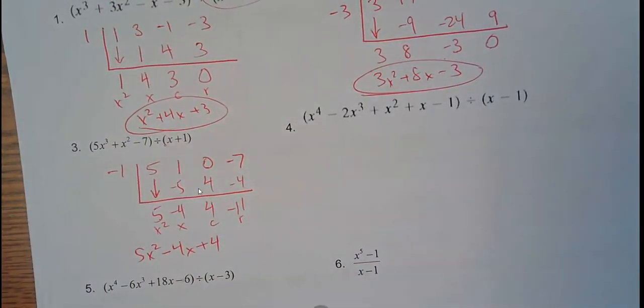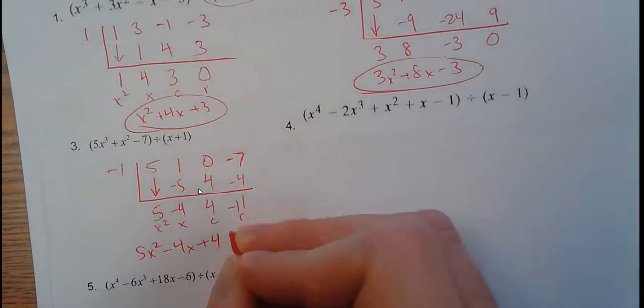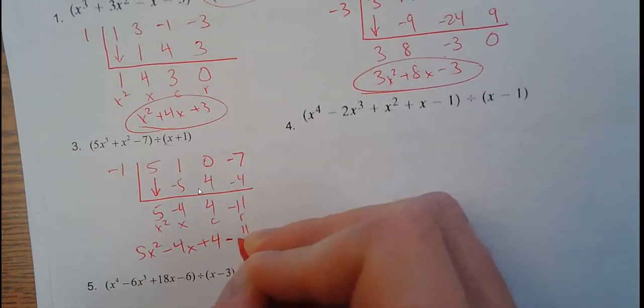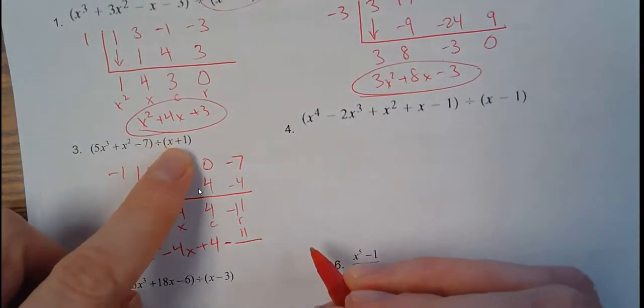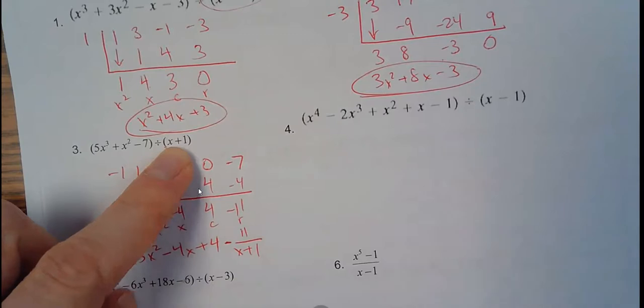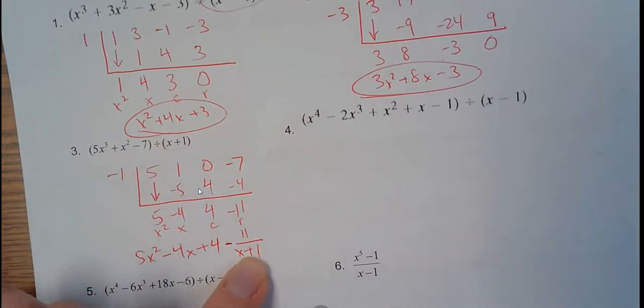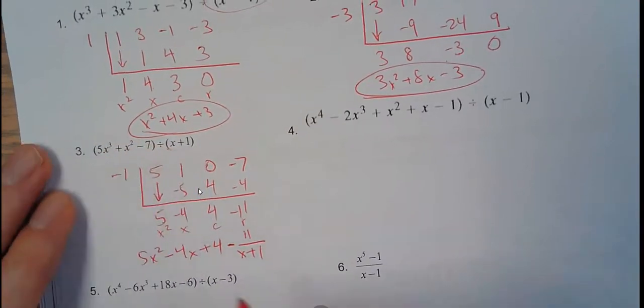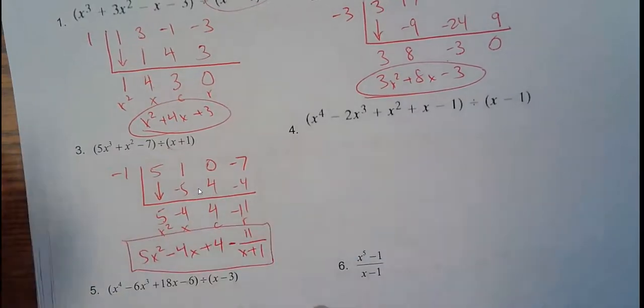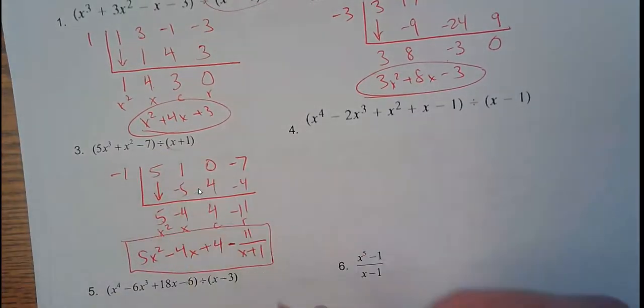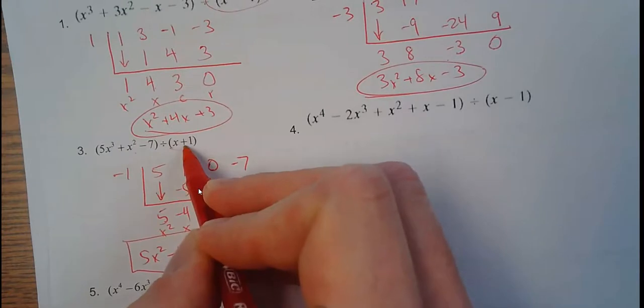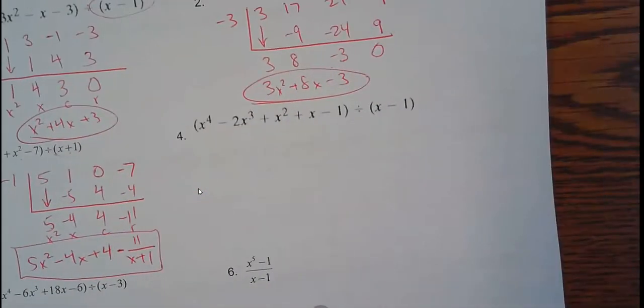Now remember with a constant, we're going to write it as a quotient, okay? So we're going to have, this is negative, so it'd be a minus 11 over, and then what did I divide by? I actually divided by x plus 1. Don't put a -1 there. Okay, this is what you divide it by. So this is my quotient, which just means it's not divisible. This is not actually cleanly divisible by that, so it doesn't work out quite nice.